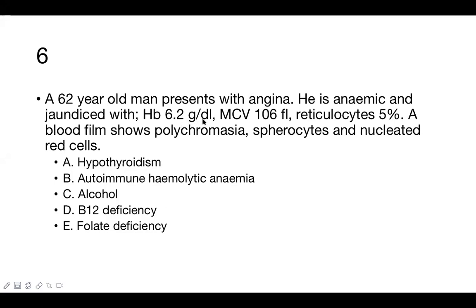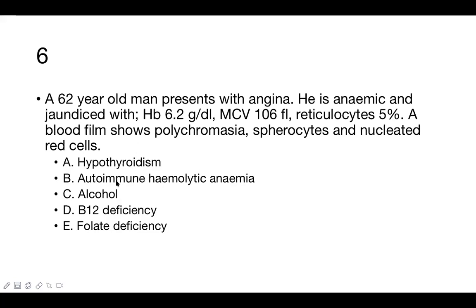We call that severe anemia. MCV, mean cell volume, is 106 femtoliter. Reticulocyte count is 5%. So this low hemoglobin, high reticulocyte count, and jaundice strongly tell us this is a case of hemolytic anemia. Okay, so just choose which one is hemolytic anemia from the list.